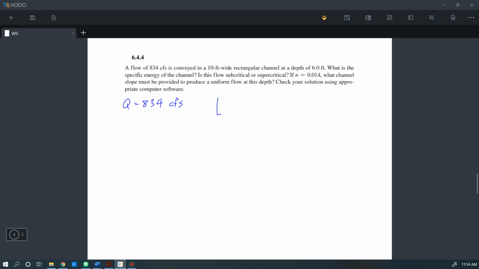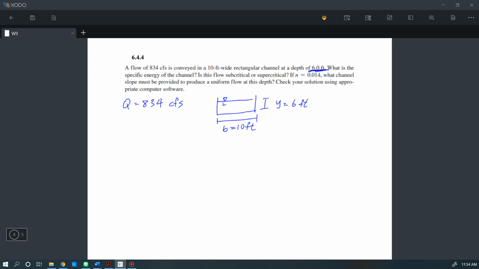So let me just draw the diagram for that. We have the width, B equal to 10 feet, and this is the surface of the flow. This is Y, where Y is equal to 6 feet in this case, as the problem showed us.